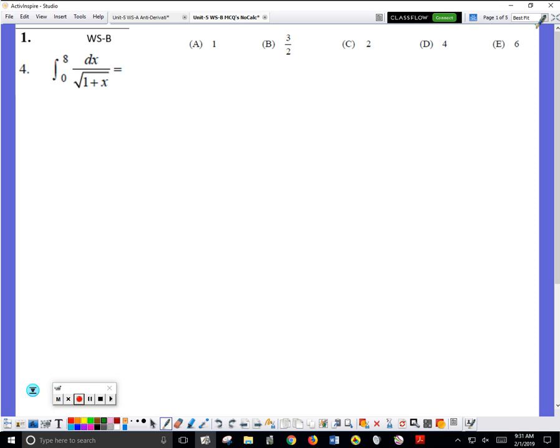The way we can evaluate this is described by the fundamental theorem. On your paper, you've already written this down. Write down over here the integral from 0 to 8 of f prime.